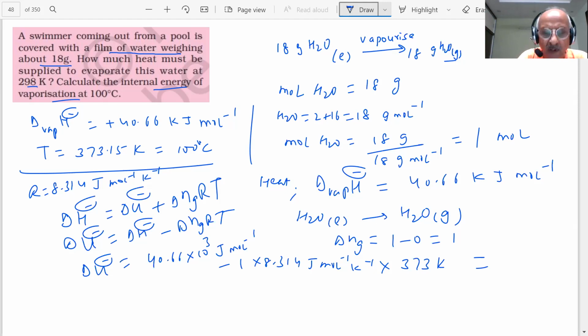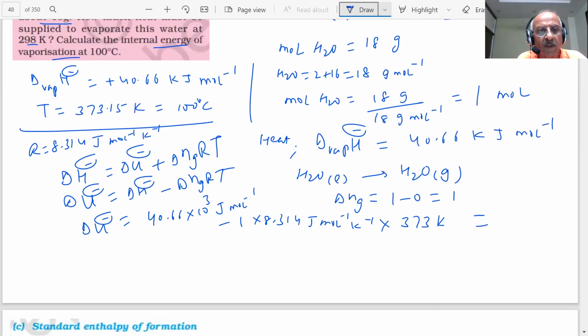What is the answer coming, students? How much is this? The units have to be taken care because this is kilojoules. R is in joules, so I have to convert it to joules. 40.66 into 10 power 3 joule per mole minus, multiply these two values.